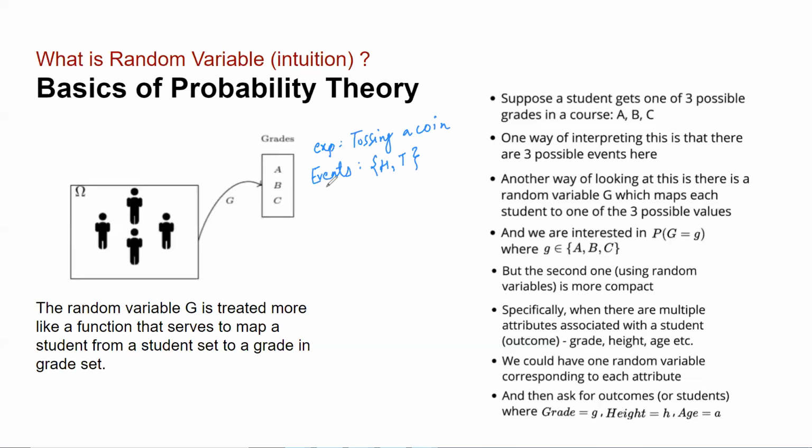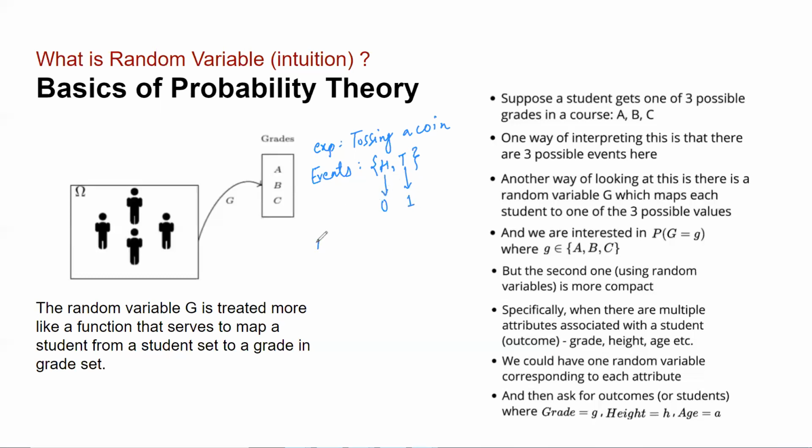So what I say is I will denote my head by the number 0. I'll denote my tail by the number 1. So a random variable is a function which maps your event to a specific number. Here my random variable has mapped head to 0 and tail to 1.